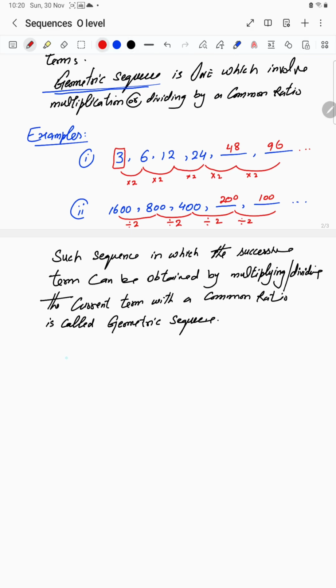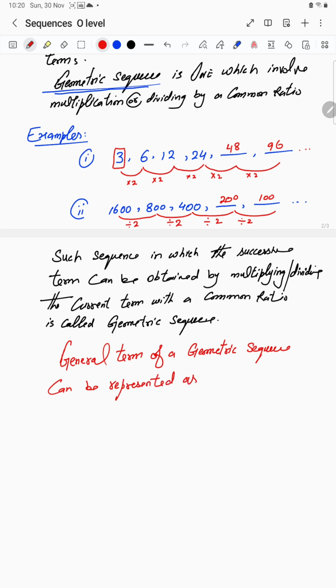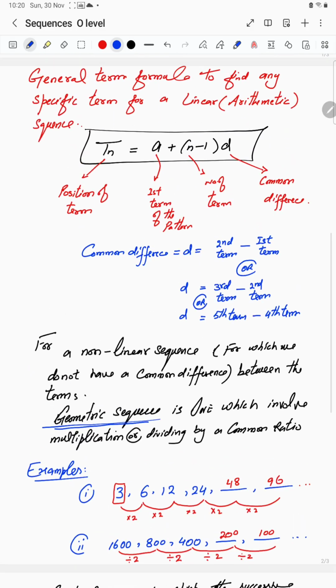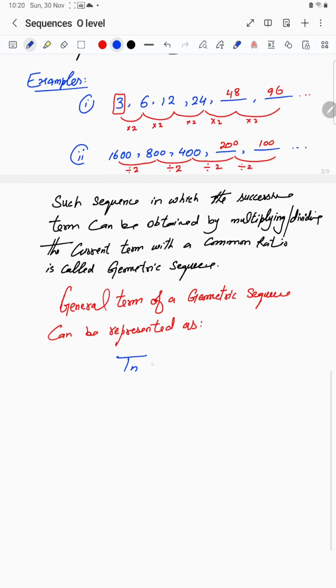So here the general term of a geometric sequence can be represented as, I'm going to write Tn as, here Tn was the position of the term, so here the same, the position of the term is equal to a r raised to the power n minus 1, and this is the general pattern.